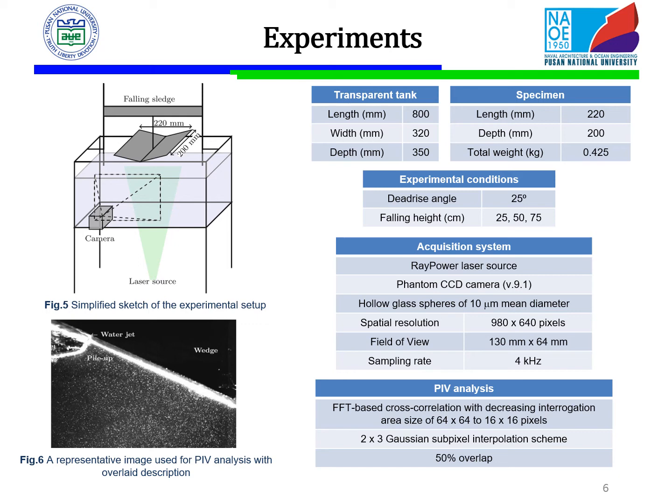The PIV analysis is executed using an FFT-based cross-correlation with a multi-grid approach, decreasing the intercorrelation area from 64 by 64 to 16 by 16 pixels. A 2 by 3 Gaussian subpixel interpolation scheme is utilized for subpixel resolution, and the interpolation window is advanced with 50% overlap.